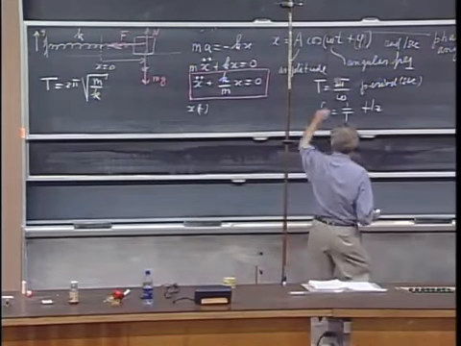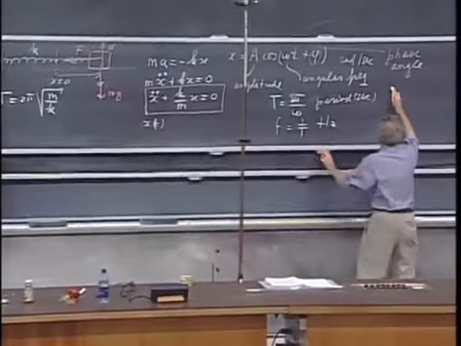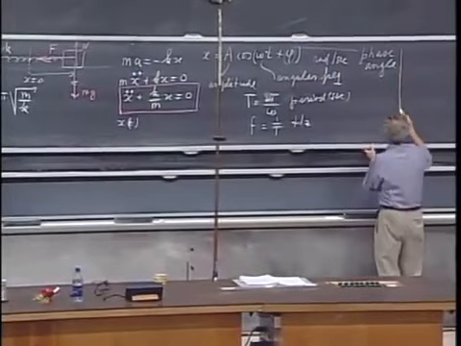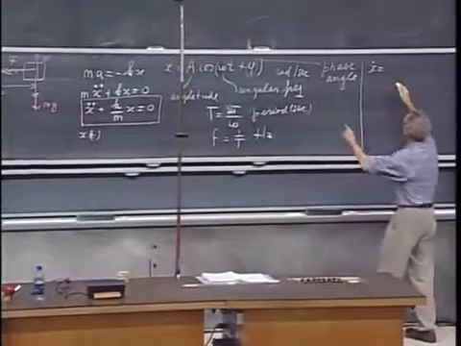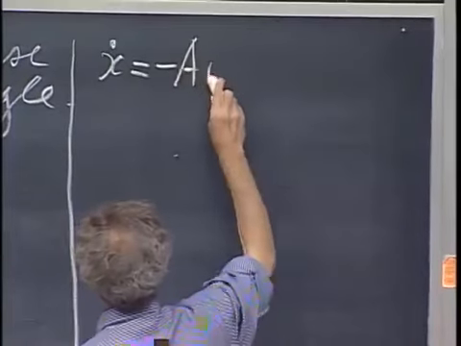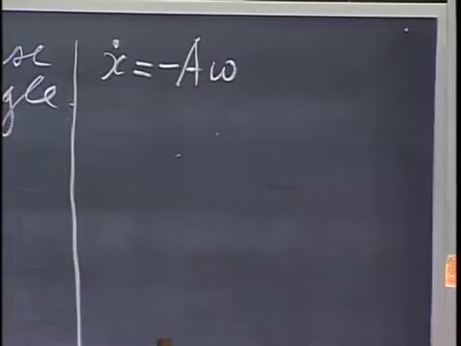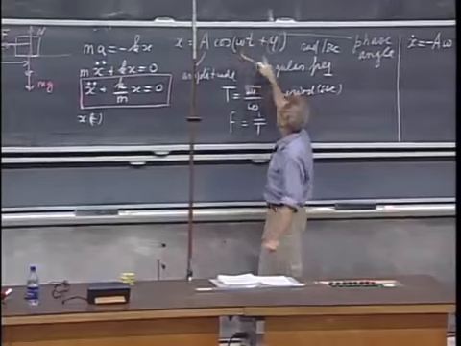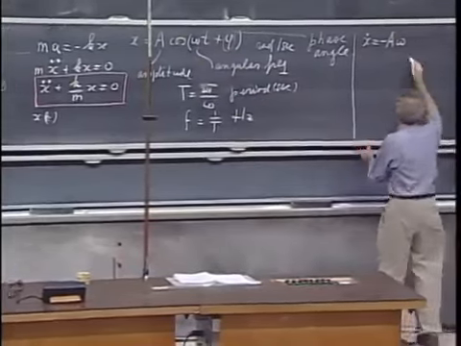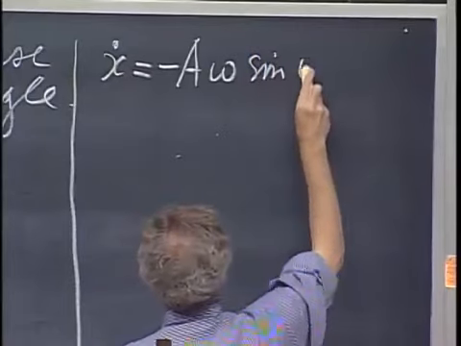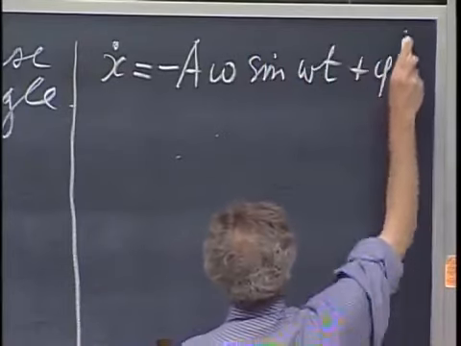Well, that's my function. I have here first the first derivative, x dot. That becomes minus A omega. I get an omega out because there's a time here, and now I have to take the derivative of the function itself, so I get the sine of omega t plus phi.